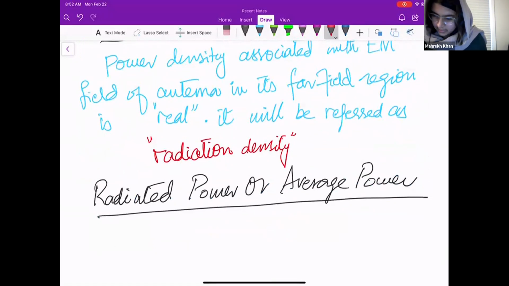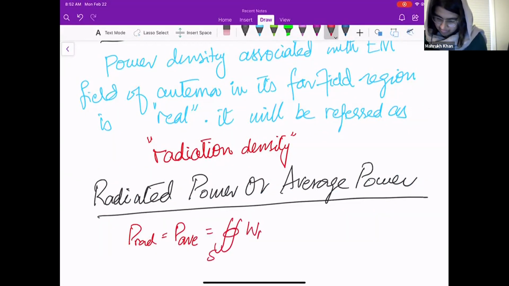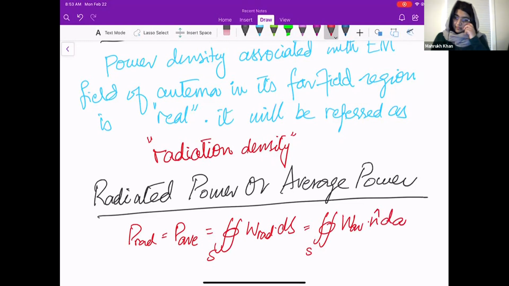I can write it as P rad or P average is equal to, so it's the dot product with the normal and the area that we are thinking about.